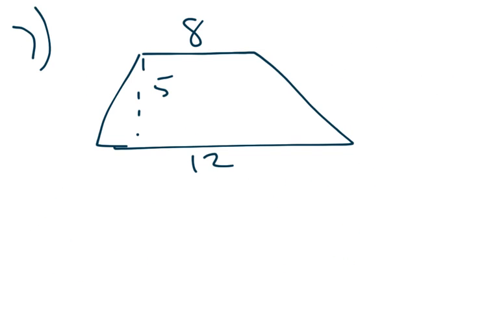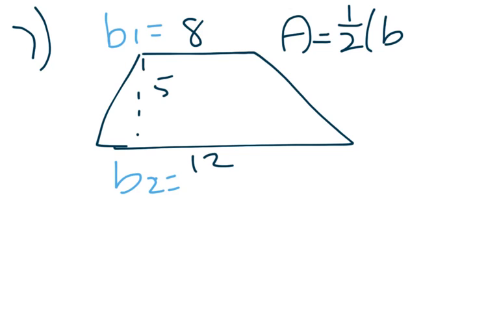Number 7, what is the area of the figure below? So this is a trapezoid. So remember, a trapezoid has 2 bases. The first base is over here, and the second base is over here. So how we do this is we say half of base 1 plus base 2 times the height.